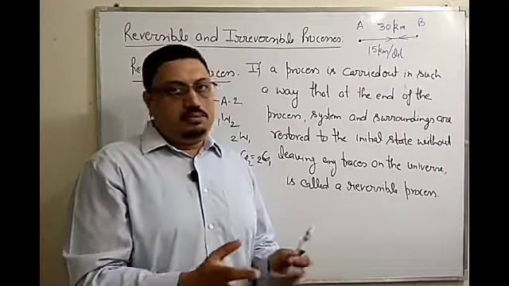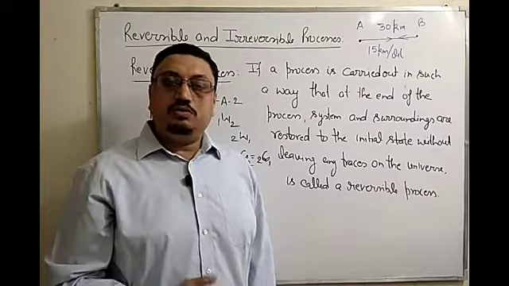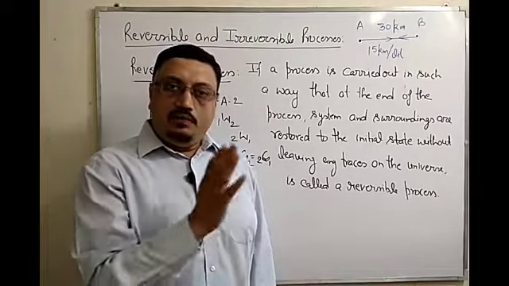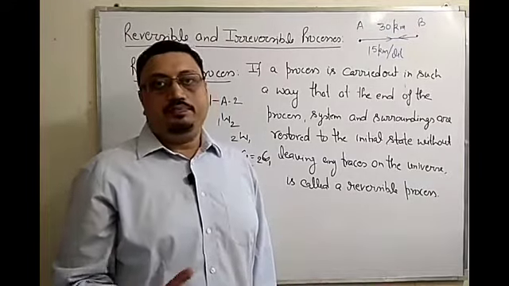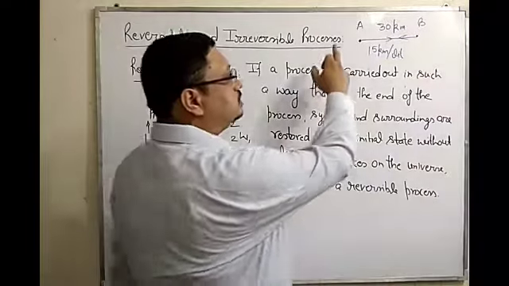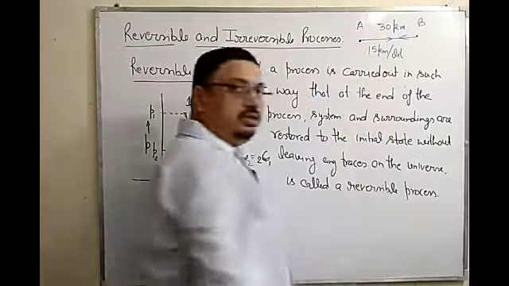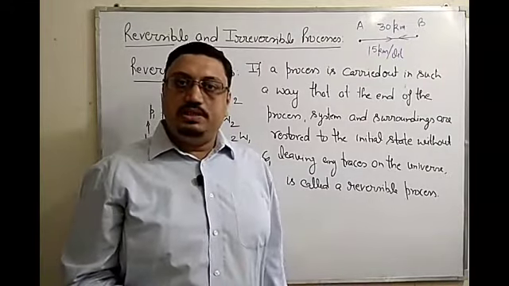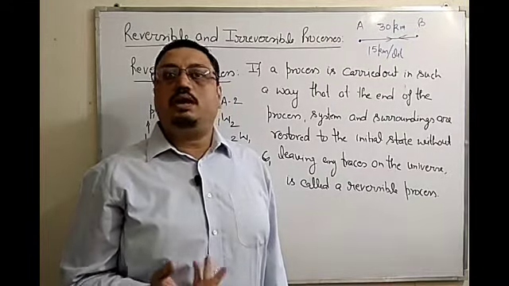If there was some wear and tear in the car also, that should also be restored to the initial state. If all these conditions are satisfied, then we can say that this process is reversible. A to B, this is a reversible process. So now with this example, you can understand easily that such processes are not possible.